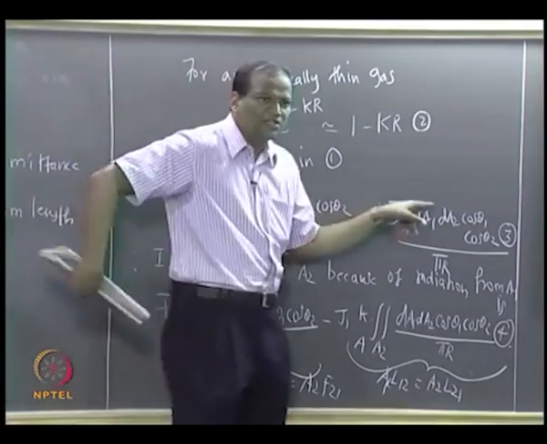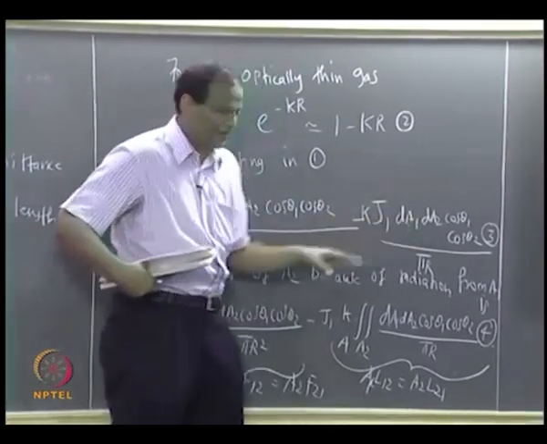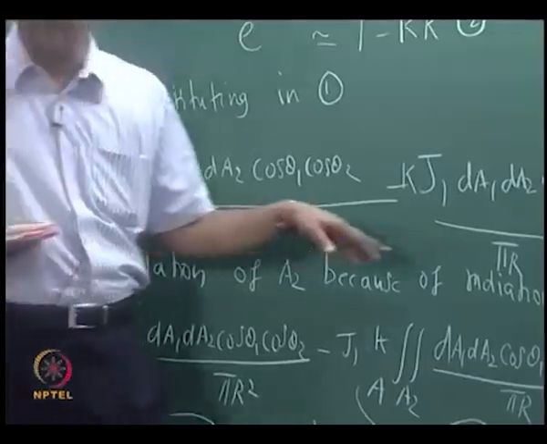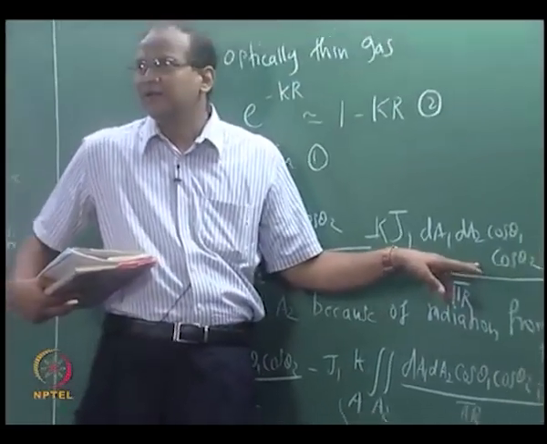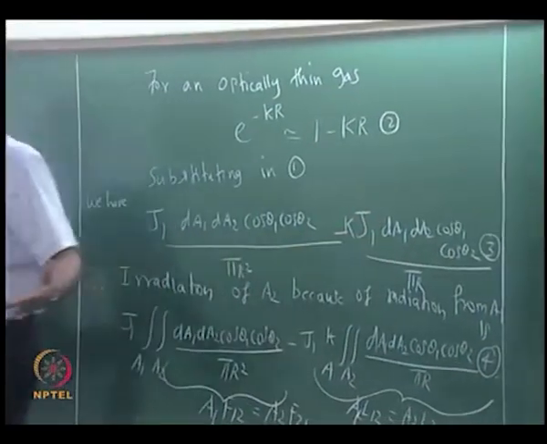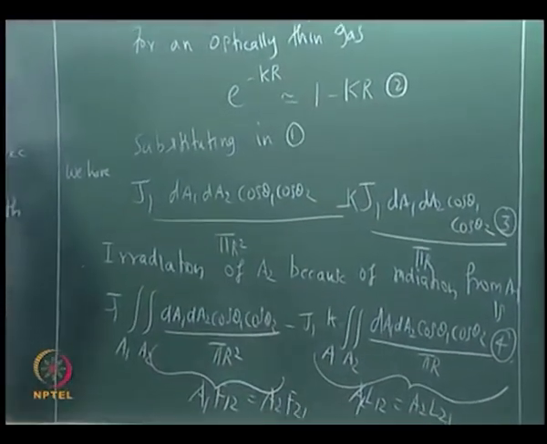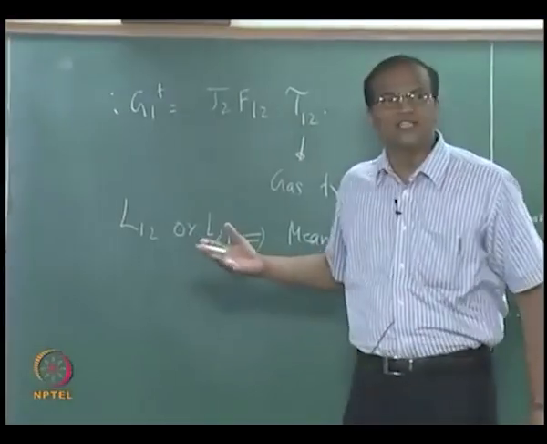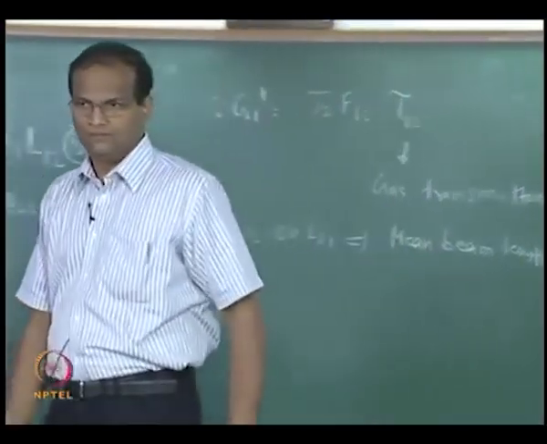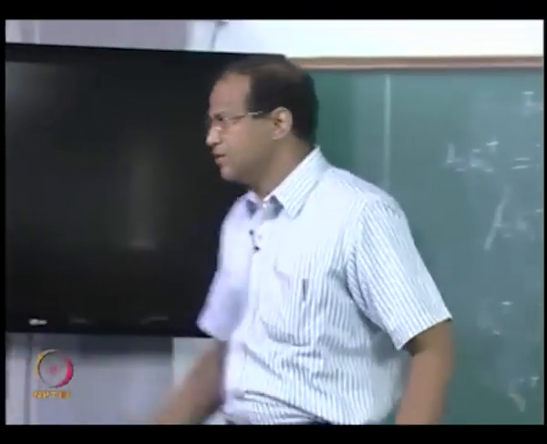Since this expression is also analogous except for the fact that instead of pi r squared I have pi r, it follows that L12 or Lij also follows the reciprocal rule, correct.